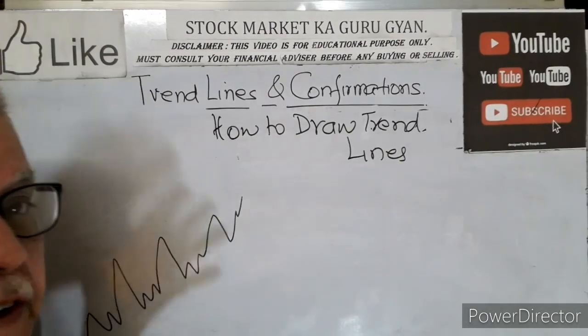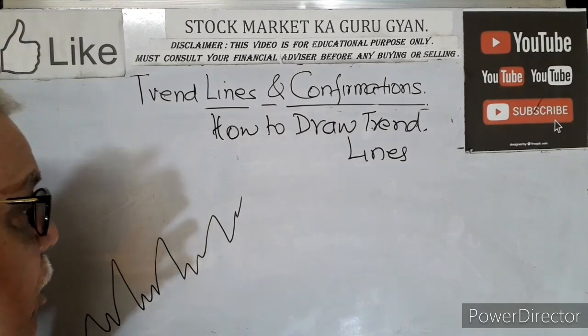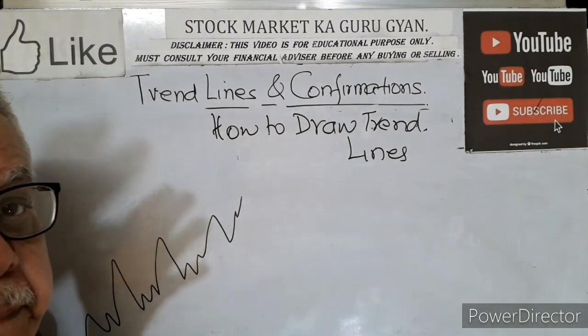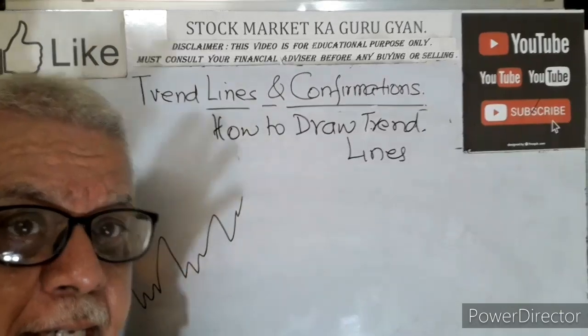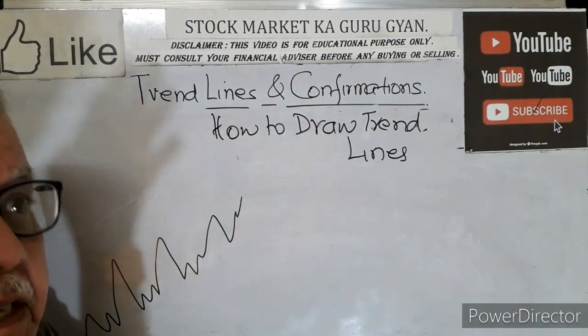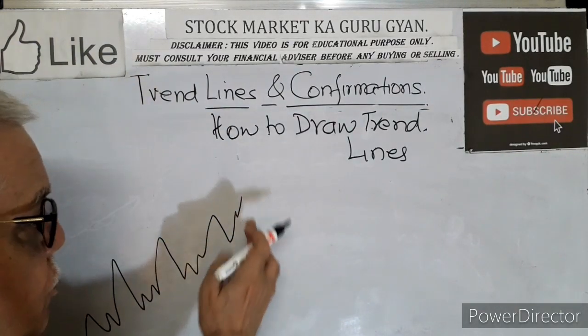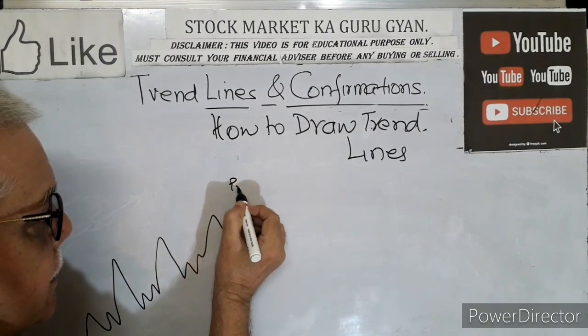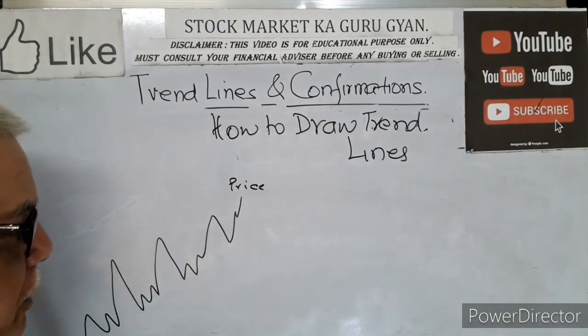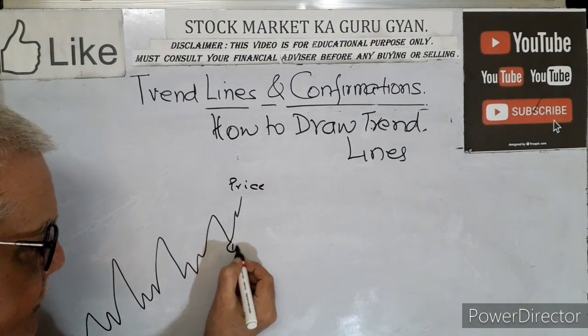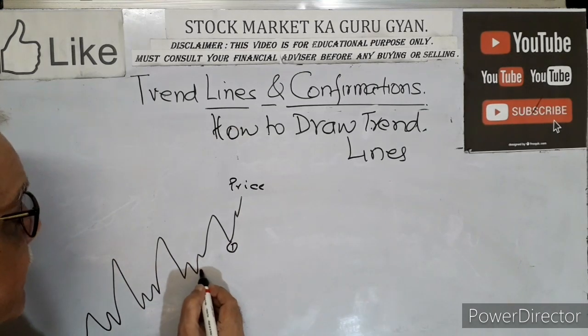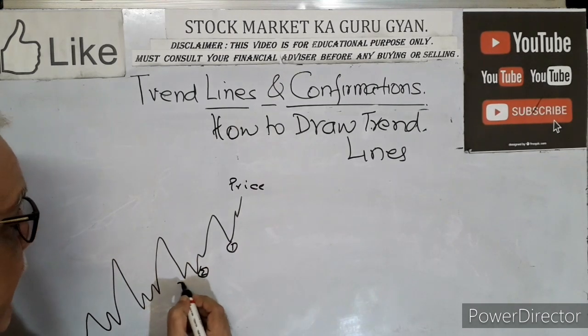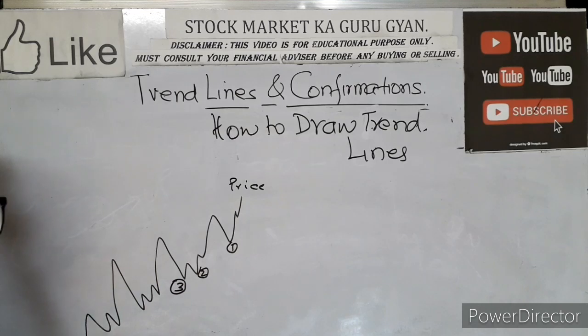So what you have to find out is the turning points, previous two turning points. So this is the price at present. First turning point is this, second turning point is this, and third turning point is this.